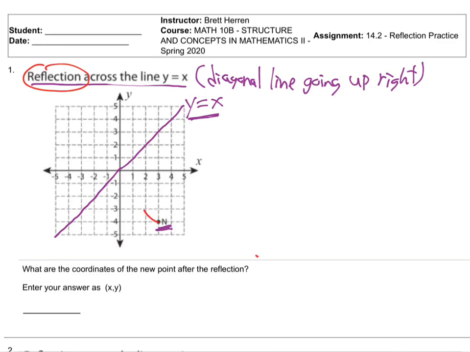I'm not making that very clean. 1, 2, 3, and then this is 1/2 right there. So 3.5 diagonal squares to get to the line, and then you go the same distance to the other side.